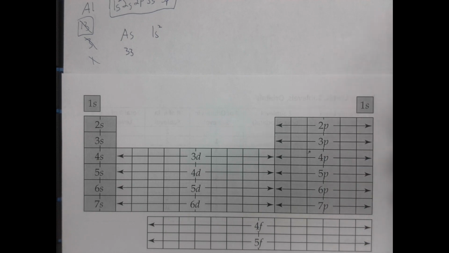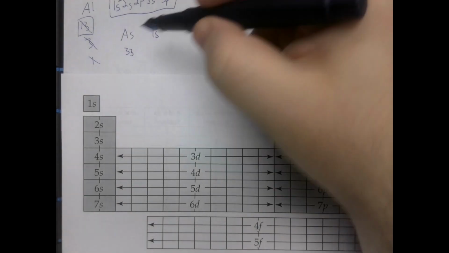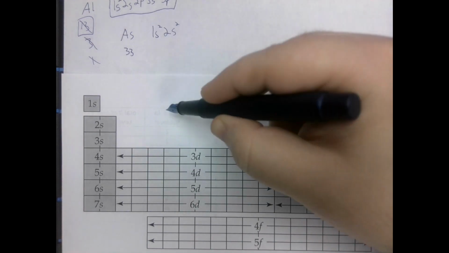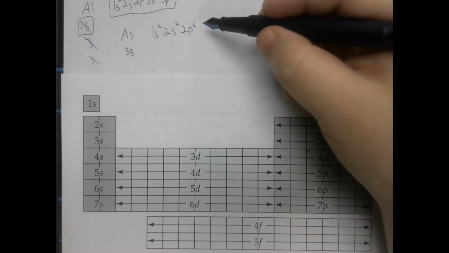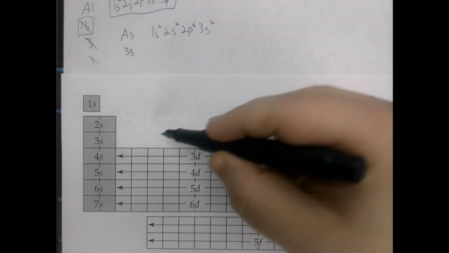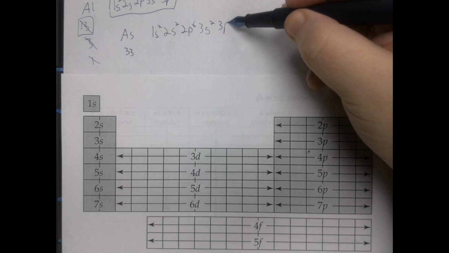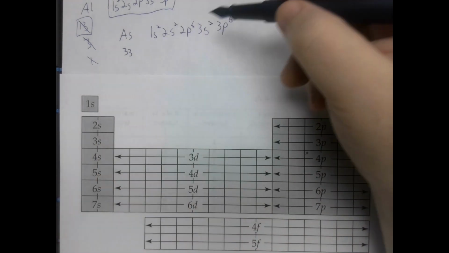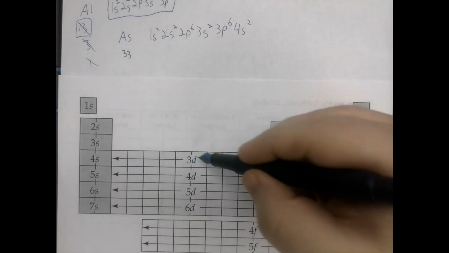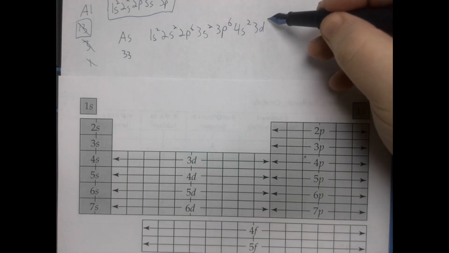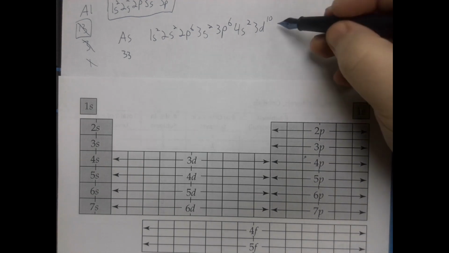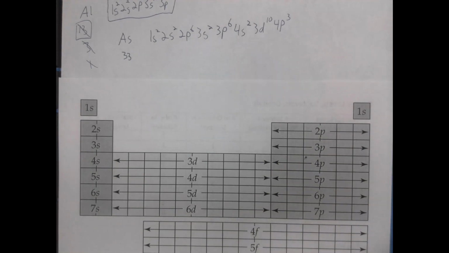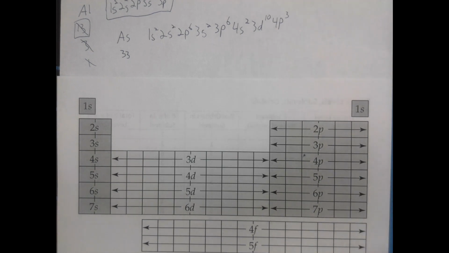So 1s2, then 2s2. There are 6 of these, so 2p6, then 3s2, then 3p6, then 4s2, and there's 10 Ds, 3d10, and then 1, 2, 3, 4p3, and we're done.